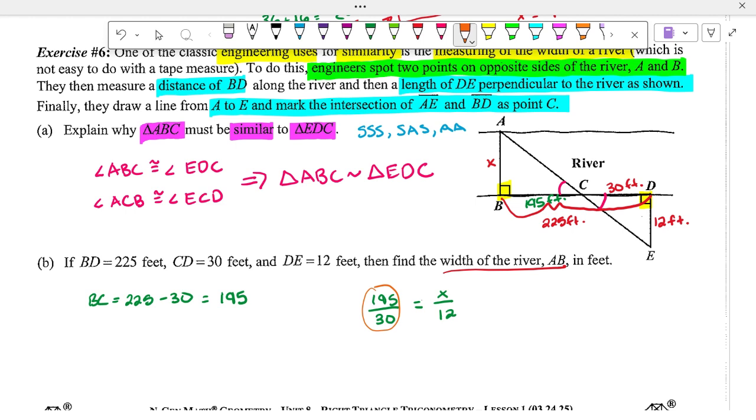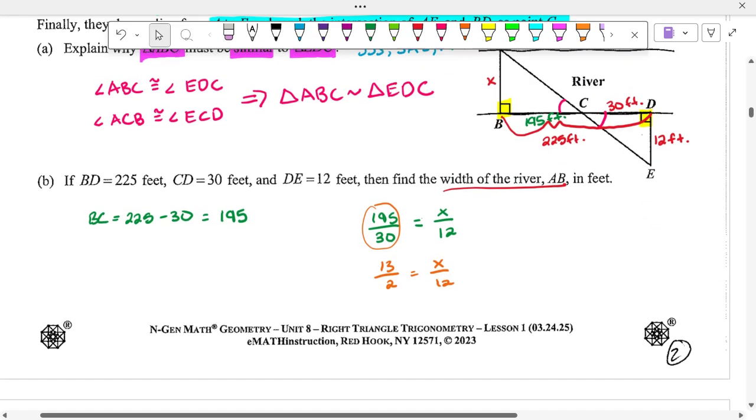The math key is right below the alpha key. It'll give you 13 over 2, equal to x over 12. Now we got nicer numbers to play with.